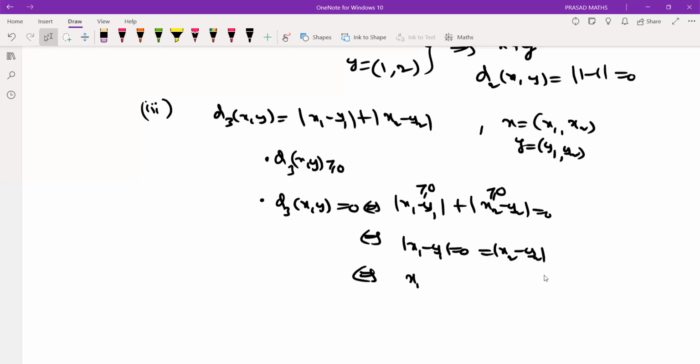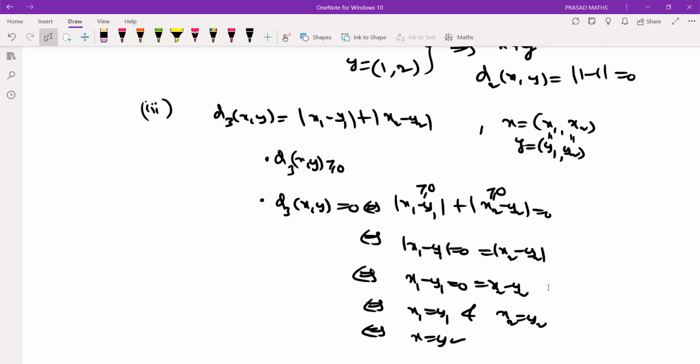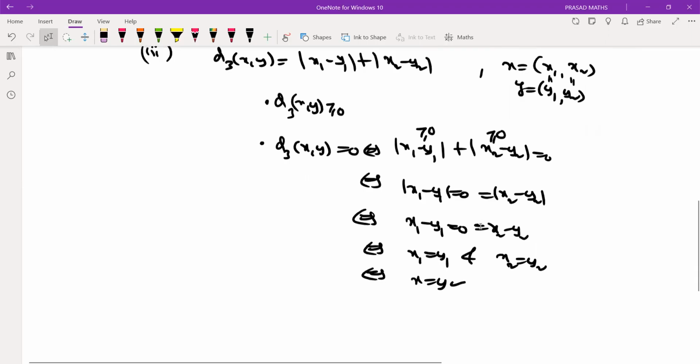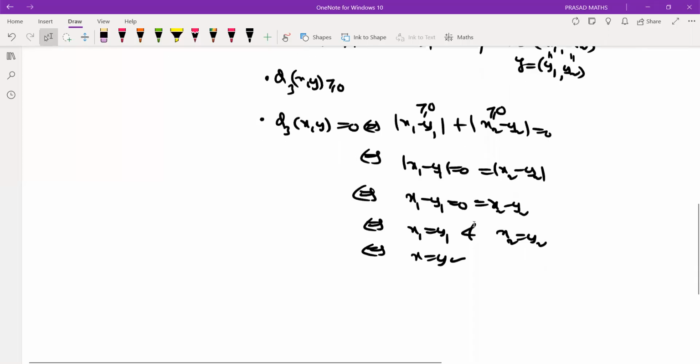So x1 equals y1 and x2 equals y2, which means x equals y. So it satisfies the second property.